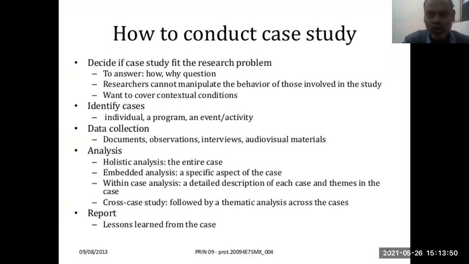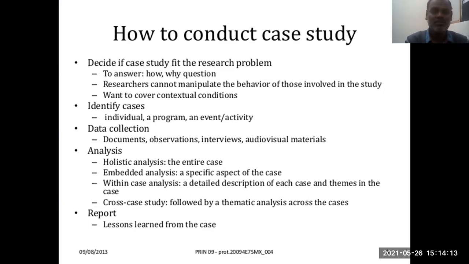So now we are going to move to how to conduct a case study. There are steps you need to follow for conducting a case study. For that, you need to choose whether case study as a methodology fits your research problem or not. That is the first and foremost criterion.